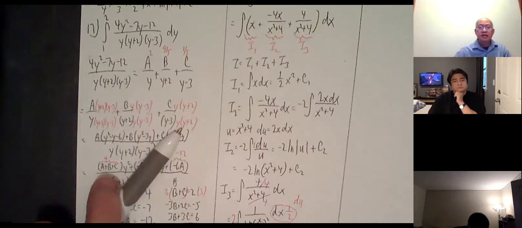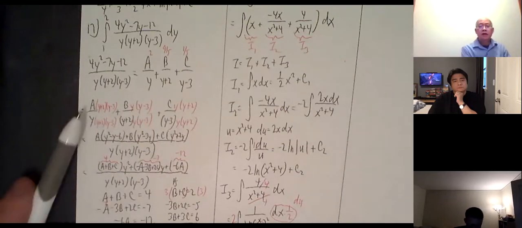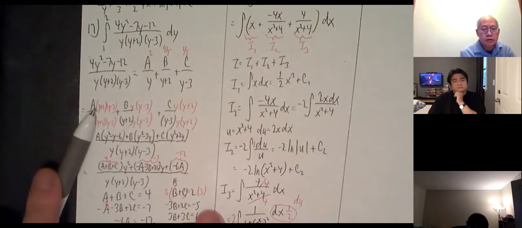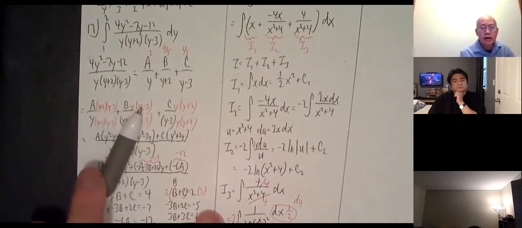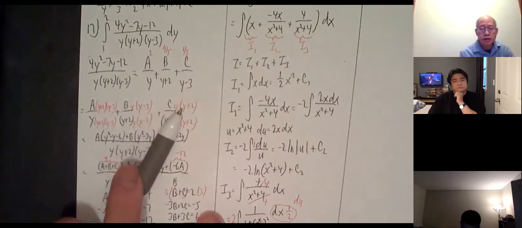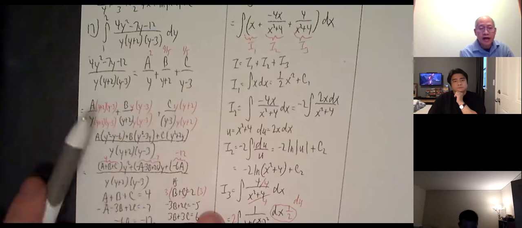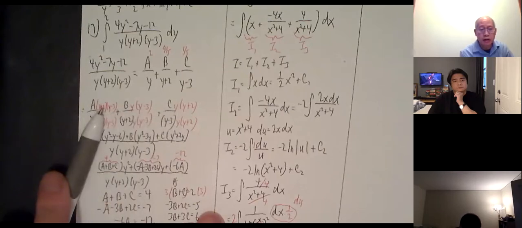Okay. The messy part is figuring out the top. Okay, so it's A times y plus 2, y minus 3, B times y times y minus 3, C times y times y plus 2. All right, that's a lot. I decided not to do the A, B, and C. I'm just going to distribute the stuff in red.